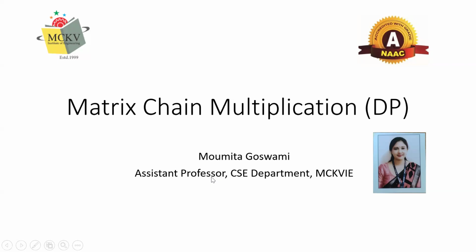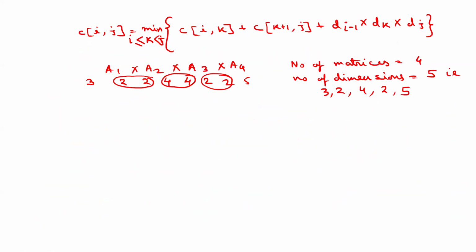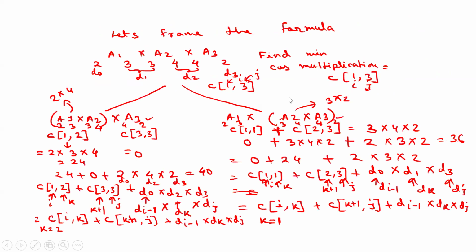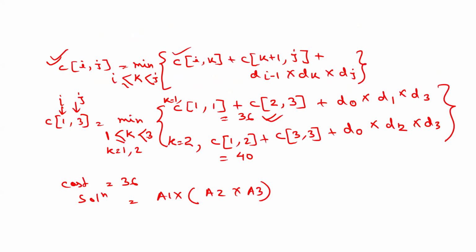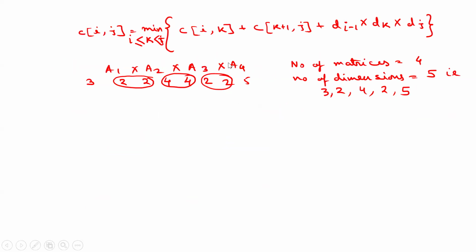Okay, so in the last lecture we already framed the equation, that is Cij equals the minimum of Cik plus Ck+1,j plus d(i-1) into dk into dj, where the k value lies between i and j, that is greater than or equal to i and less than j.